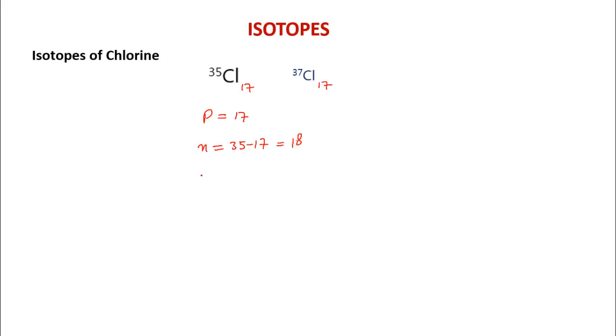So neutrons are 18, electrons again 17. Chlorine 37: protons in this case must be again 17, atomic number is 17. Neutrons must be 37 minus 17, which is 20. And electrons here are 17 again.